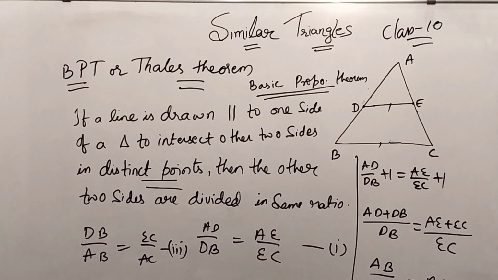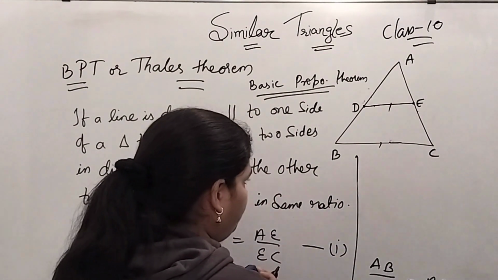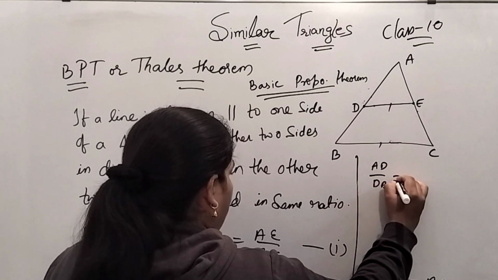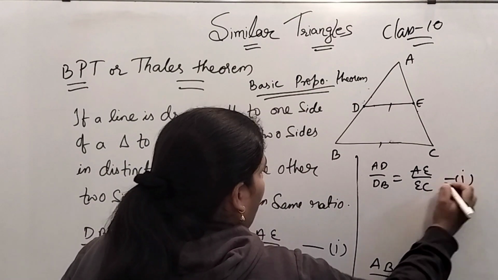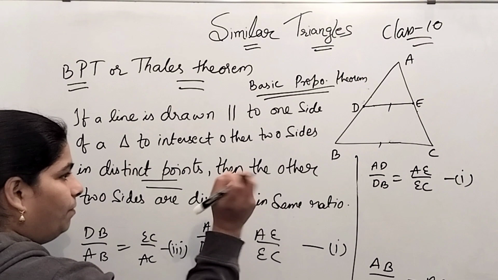Let us once again rewrite the three results. Okay, I am erasing it. Now, the first one that we have written: AD by DB is equal to AE by EC. This is the one which will be proved using the BPT theorem directly.